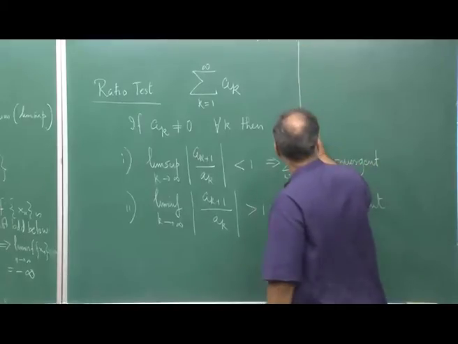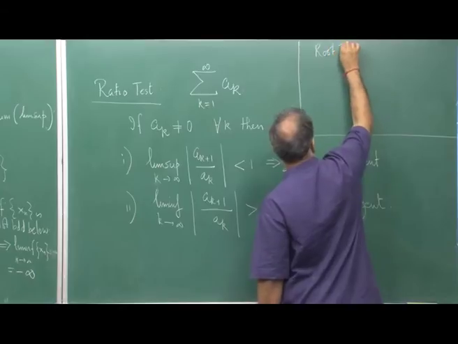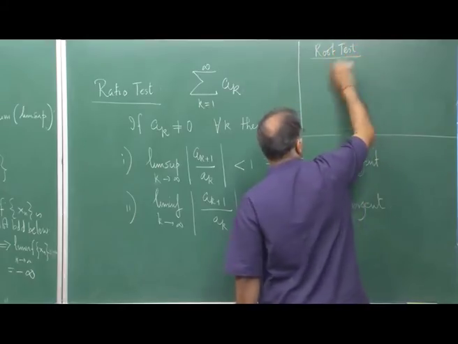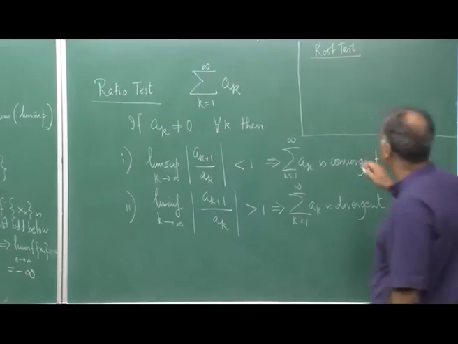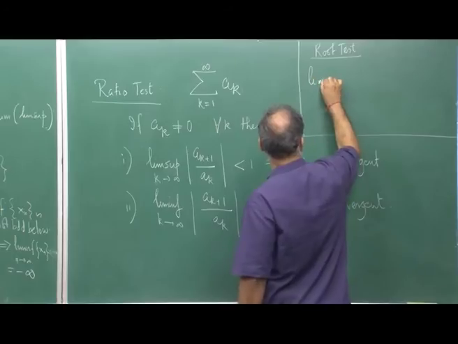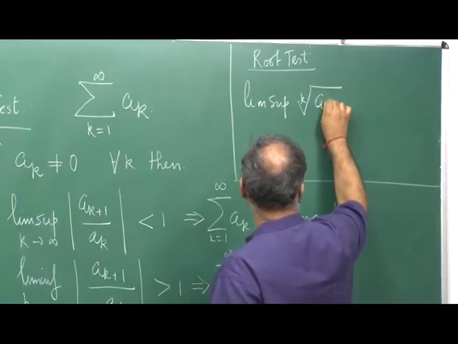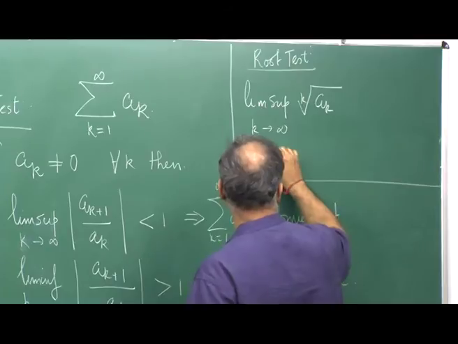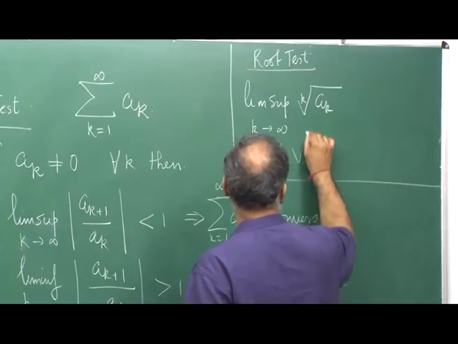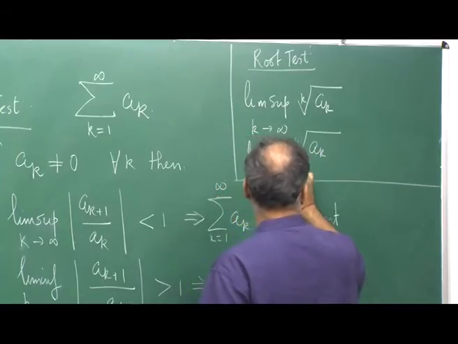Similarly, there is a root test. Root test is the following. There are two conditions. Lim sup of the kth root of a_k, a_k to the power 1 by k as k goes to infinity, and lim inf of the kth root of a_k, k goes to infinity.